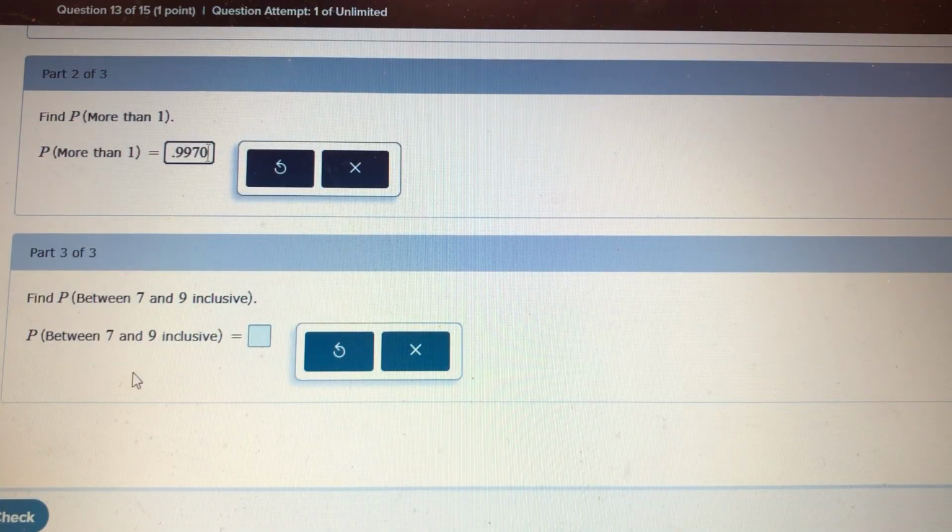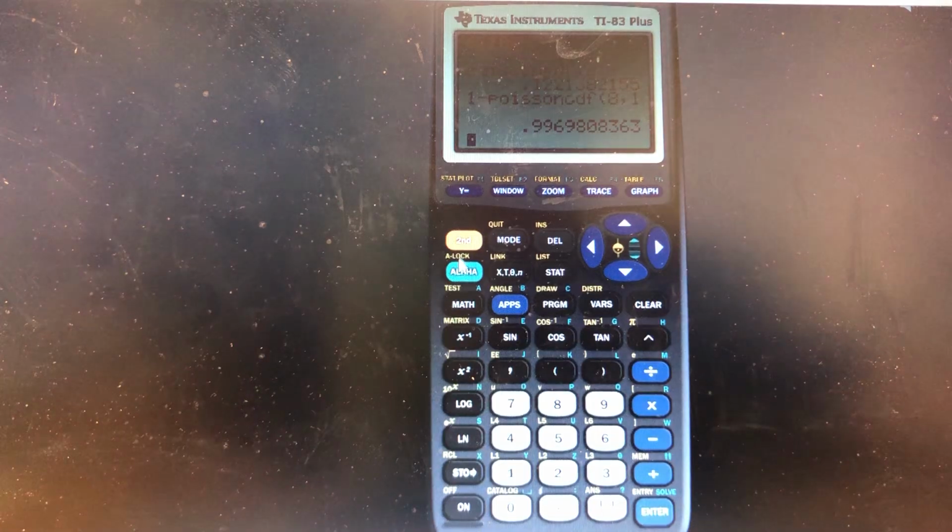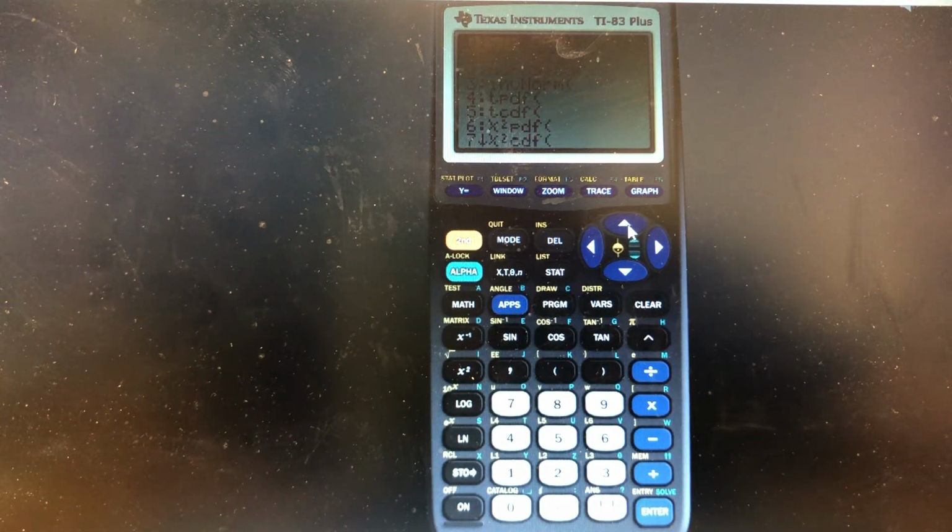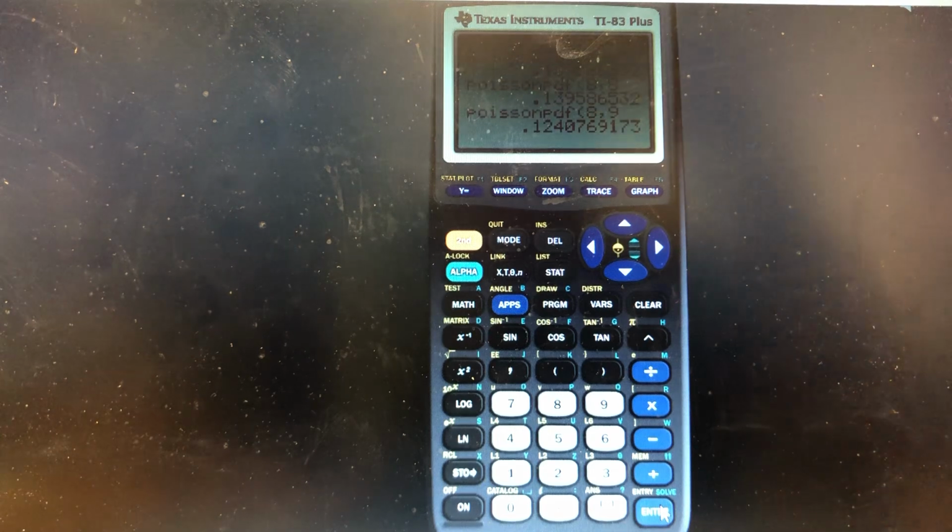And then between 7 and 9, inclusive means 7, 8, and 9. So really the only way to do that is to do a Poisson PDF. Do 7 first. Then repeat it for 8. Then repeat it for 9. This is what that one between problem was talking about on that number problem that I skipped, number 9, I think it was.